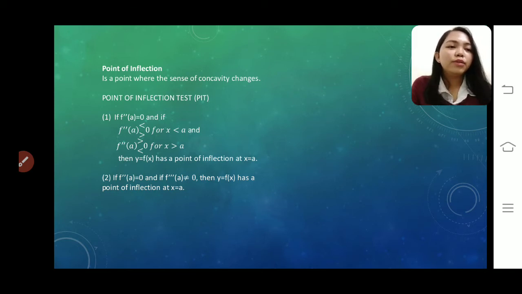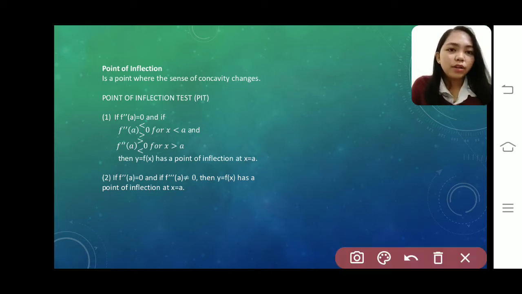So, paano natin kukunin yung point of inflection? So, we have the point of inflection test. So for our first condition, if f double prime of a is equal to 0, 'di ba, nakuha natin yung value ng a na magpapa-0 dun sa second derivative natin.